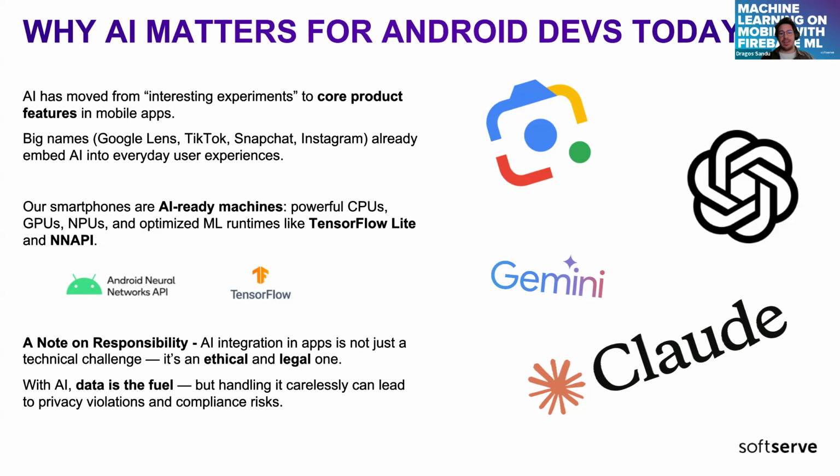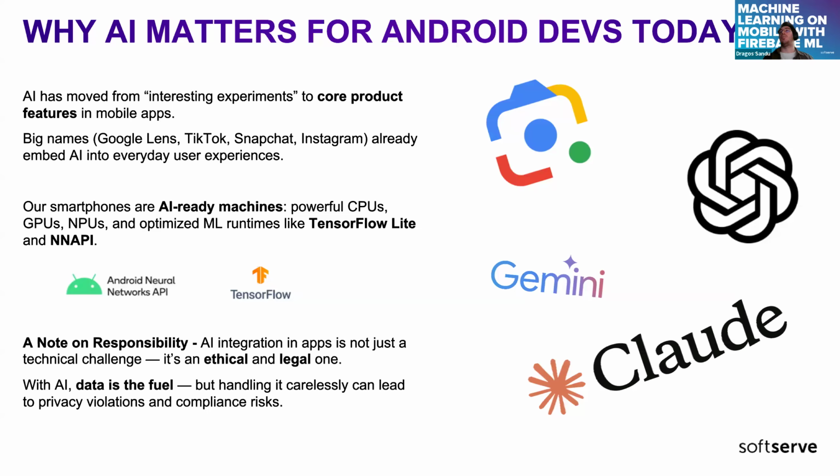As I mentioned in the introduction, I want to point out the responsibility when working with machine learning and especially data. It is both a technical challenge and an ethical and legal one, because if we process user data, we will need to be careful about this data and how we process it.